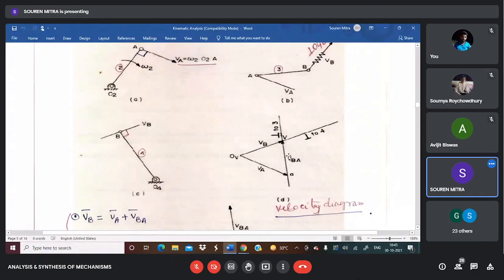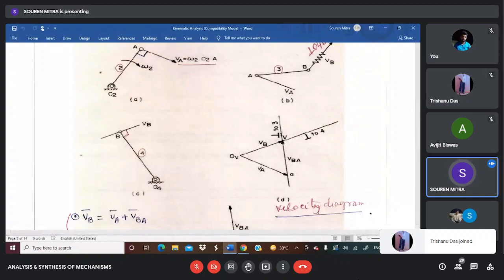Yes, sir. Okay. Once this velocity polygon is complete, our next task is to calculate the value of VB. What will be VB? This length, from O4 in the polygon to this point, multiplied by the scale factor that we had already selected. The value of the relative velocity will be this length multiplied by the velocity scale factor.